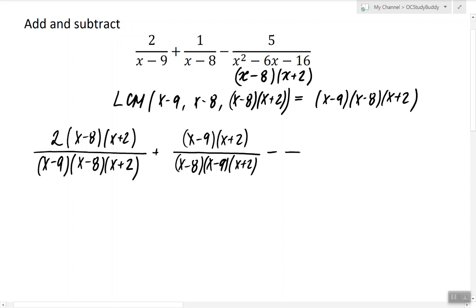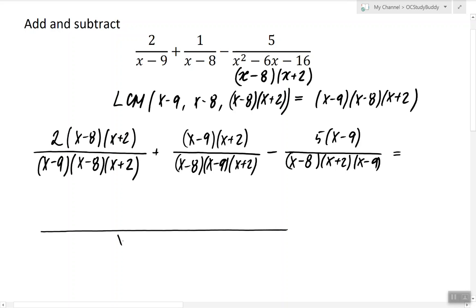And if I want this fraction to have this denominator, that means I have to multiply both the numerator and the denominator by x minus 9. Now they all have the same denominator, so we can perform the addition and subtraction.